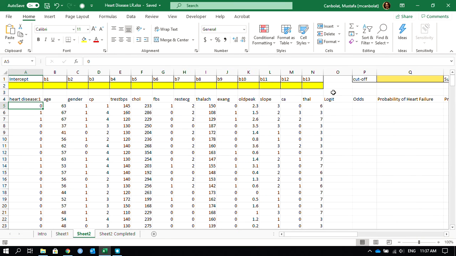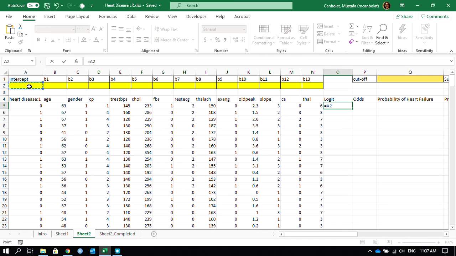So what we do is take the intercept and freeze the row, because we'll copy this down, plus then we will multiply this by this, plus this by this, plus this by this, and we'd do that 13 times. Well, we don't want to do that. We just want to use a sum product.